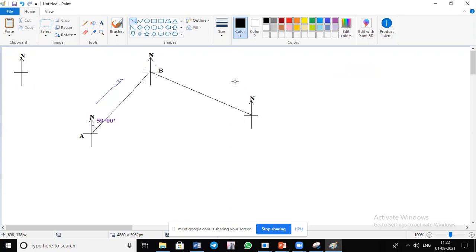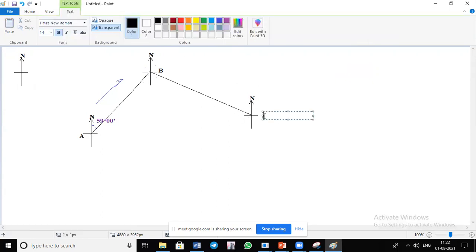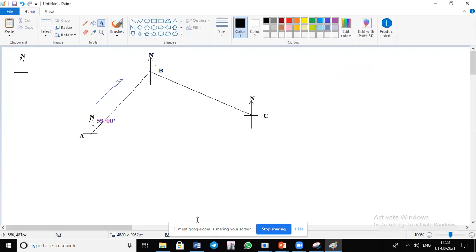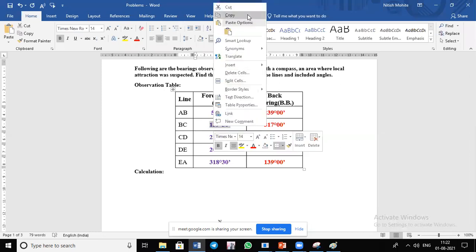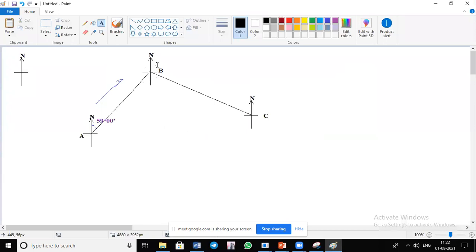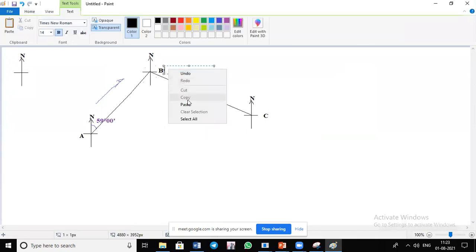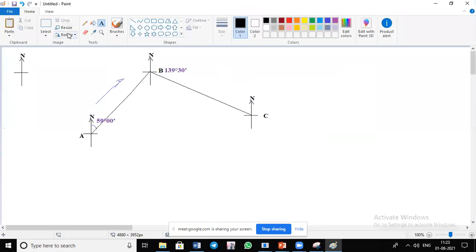Correspondingly, it will be here, C. That angle is 139 degree 30 minutes, which I am going to write here.